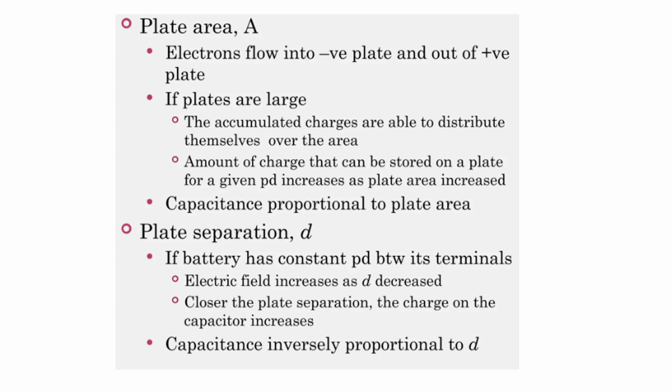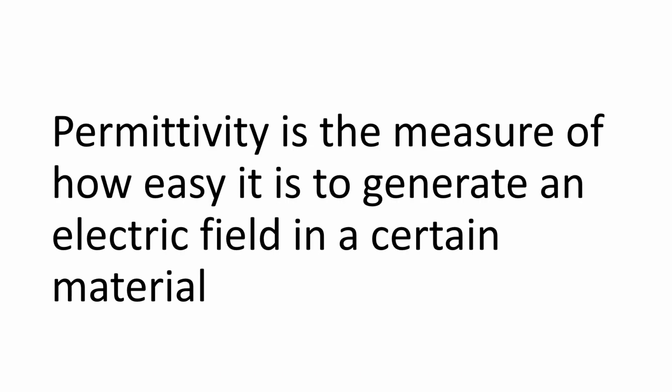So the capacitance is inversely proportional to D, because the closer the plate separation, the charge on the capacitor increases. This is due to the electric field. Permittivity is the measure of how easy it is to generate an electric field in a given material.